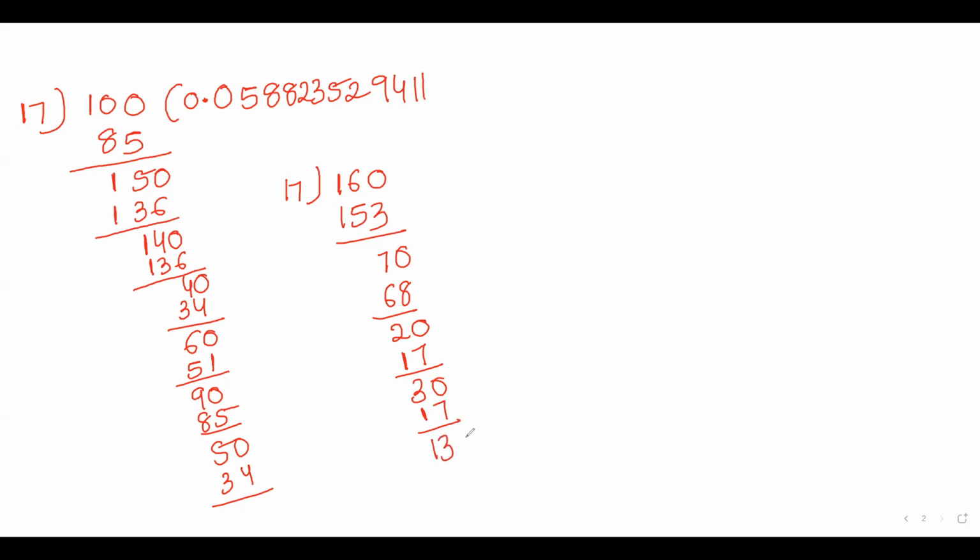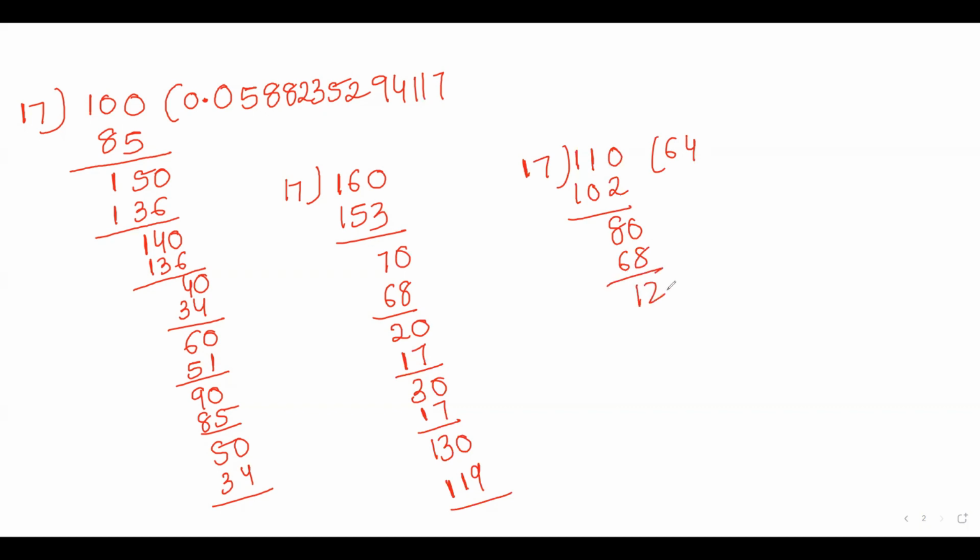Subtract, you will get 13, put a 0. 17 7s are 119. Subtract, you will get 11, put a 0. 17 6s are 102. 8 is the remainder, put a 0. 17 4s are 68. 12 will be the remainder, put a 0. 17 7s are 119.